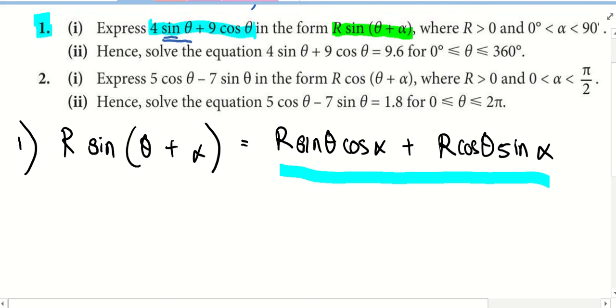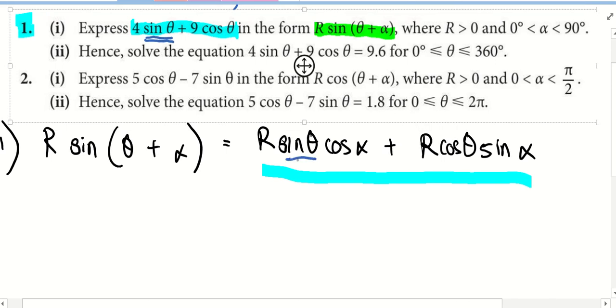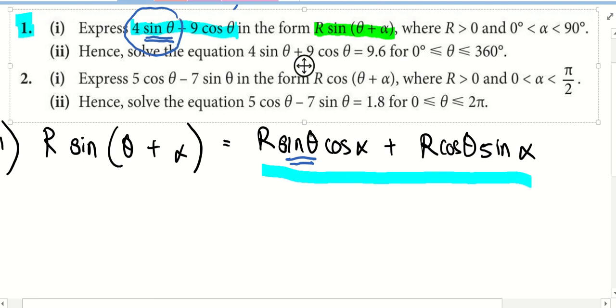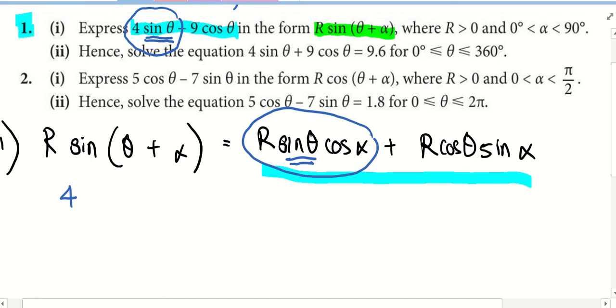Sine theta. What is the coefficient of sine theta over here? What's the coefficient? 4. Let me write down 4. What is the coefficient of sine theta over here?